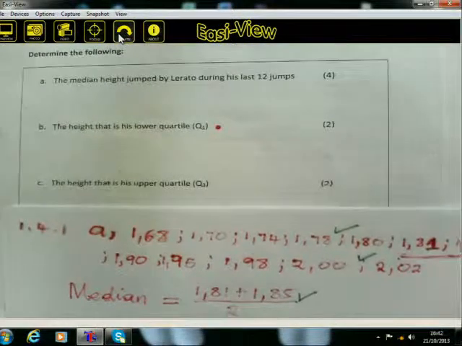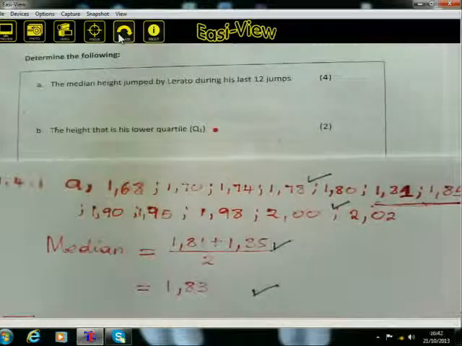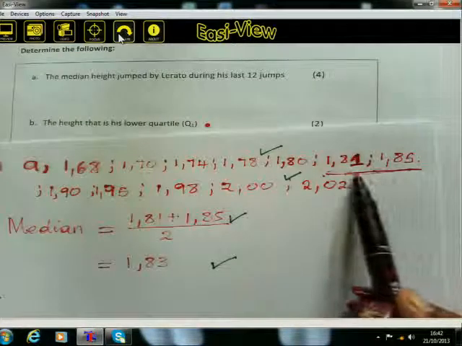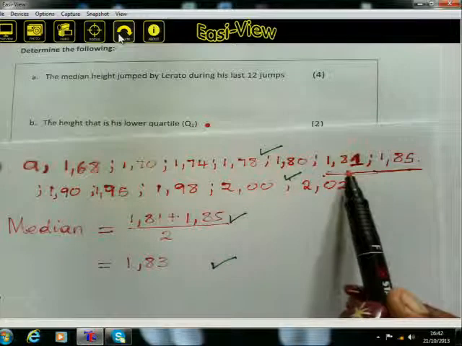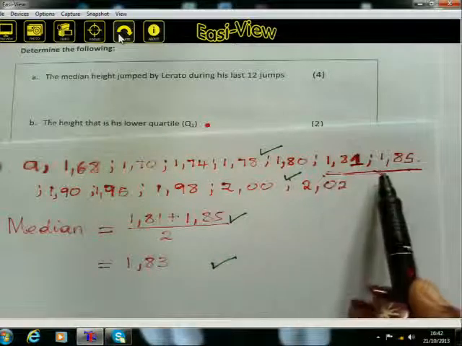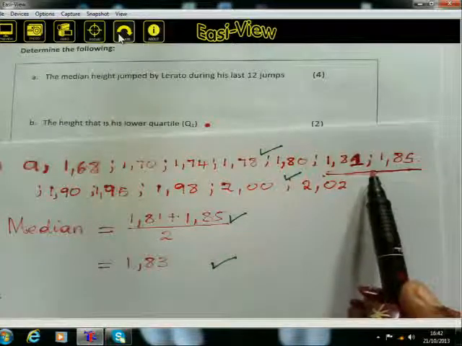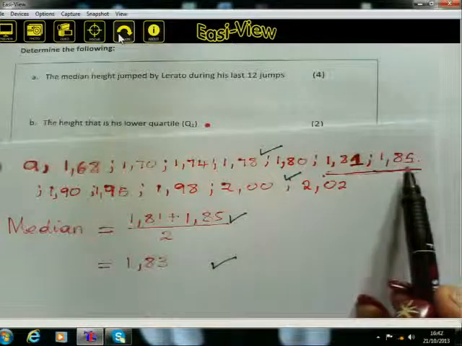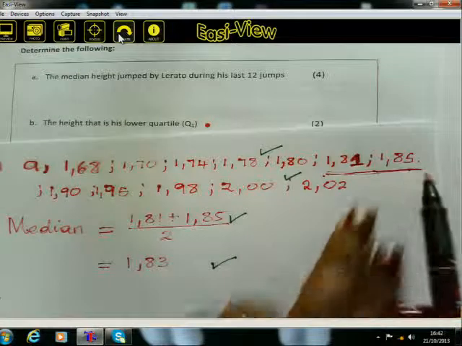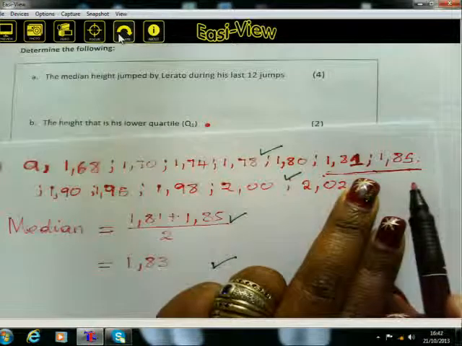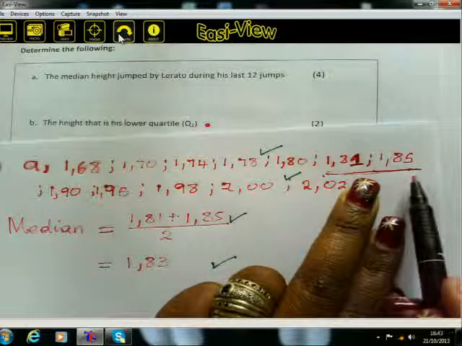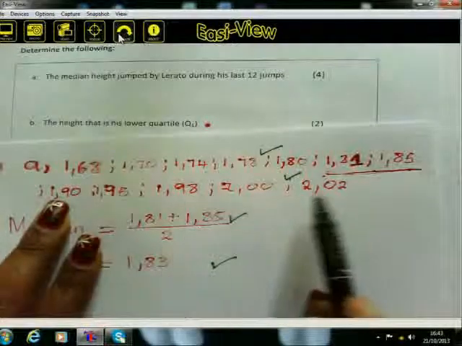Now let us go back to your data. Remember, in your data we had the middle numbers, which were 1,81 and 1,85. So these are your 2 middle numbers. After your 2 middle numbers, those ones you should write down.